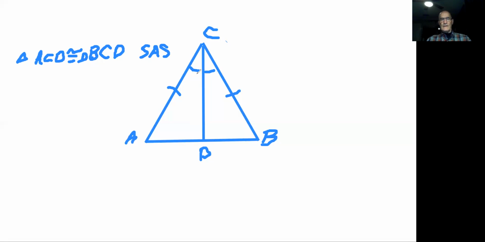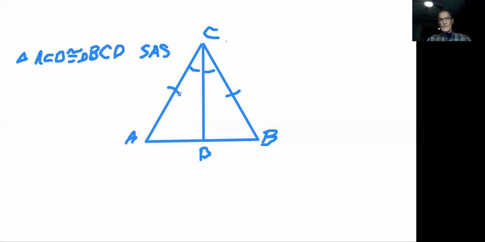Now, here's the interesting thing that we haven't talked about before. When we're looking at two triangles like this, there are 6 pairs of things. We have 3 pairs of angles, A and B, ACD and BCD, and then ADC and BDC. And we have 3 pairs of sides.